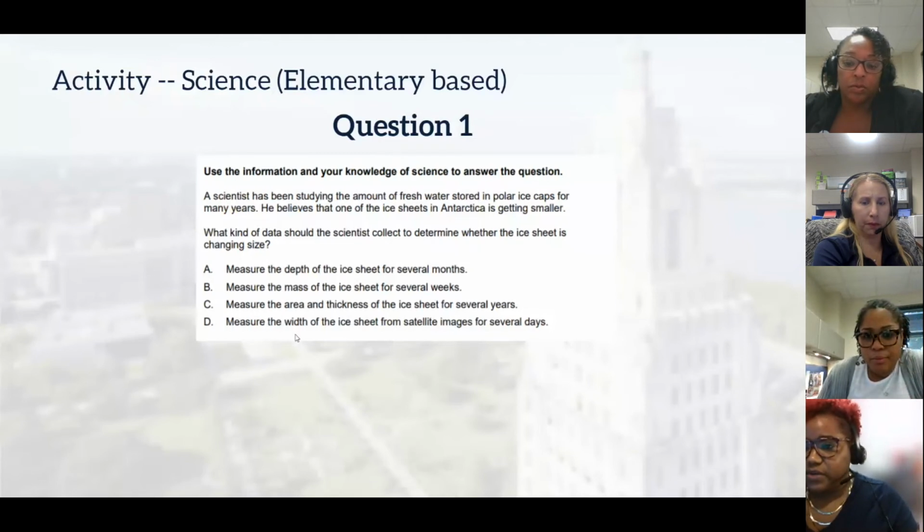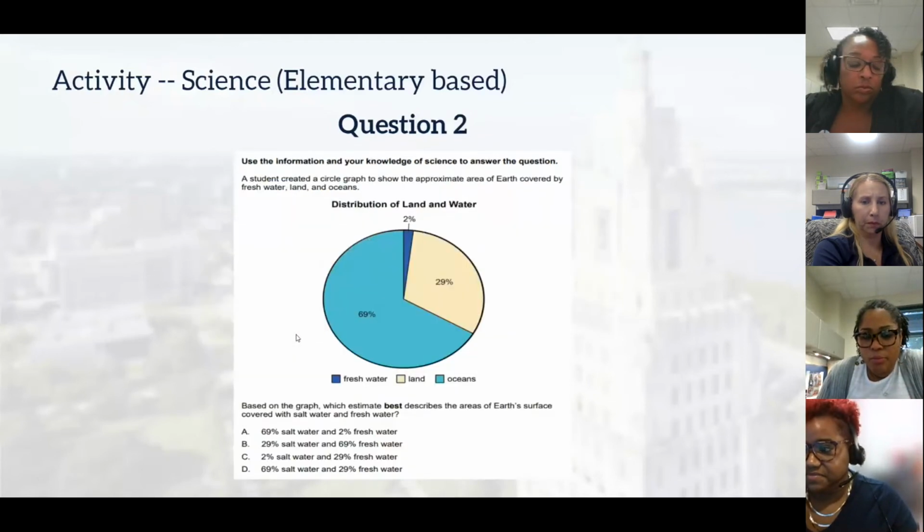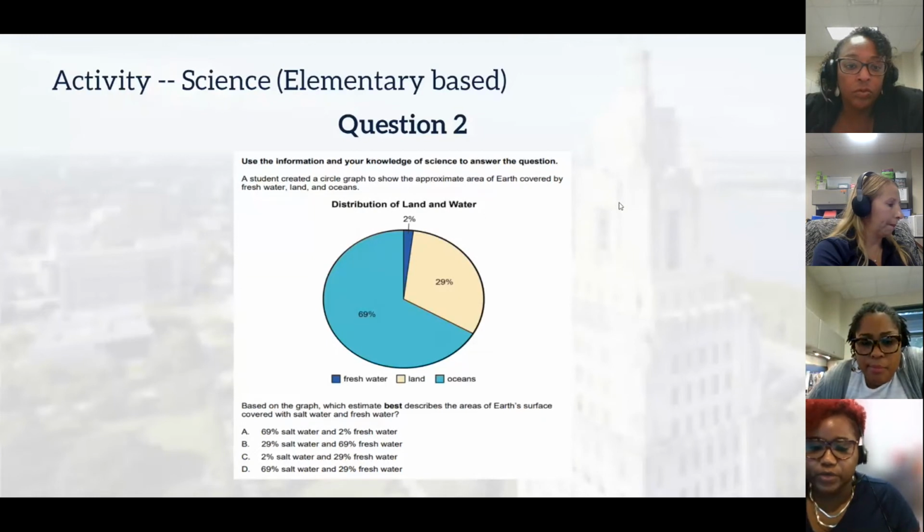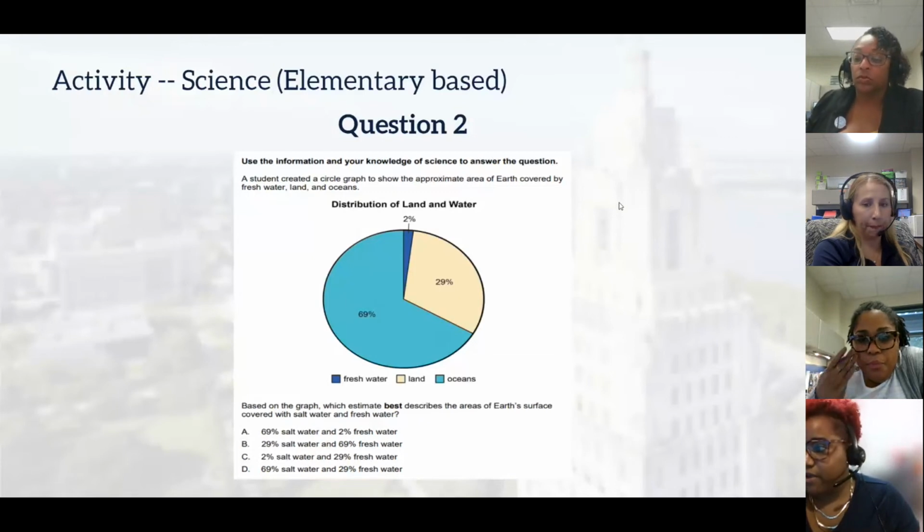So for the next question, we have question 2. And I'm going to go ahead and just leave the questions up instead of taking them down so that you can really analyze them and look at them while we're on. So it says, use the information and your knowledge of science to answer the question. A student created a circle graph to show the approximate area of Earth covered by fresh water, lands, and ocean.